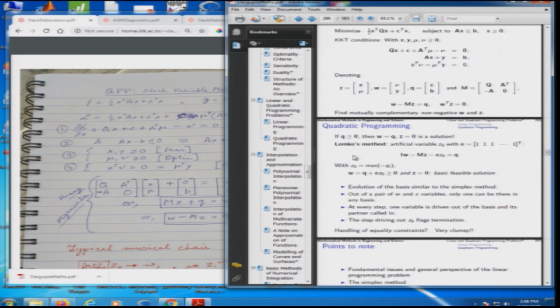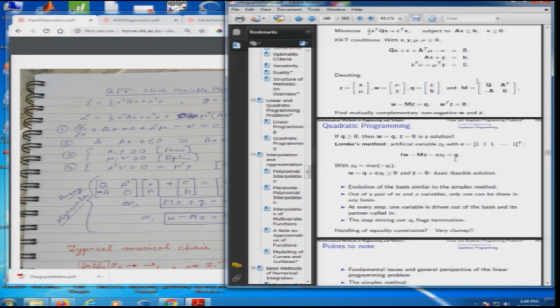The problem arises when this is not so, and that gives you Lemke's method, which is again a musical chair kind of method, very much like linear programming. In order to still do your favorite thing, putting all z equal to 0, you introduce an artificial variable z 0, and in all these equations you put minus z 0, that is, minus z 0 times the whole vector e. Now we take z 0 equal to the absolute value of the worst negative entry.